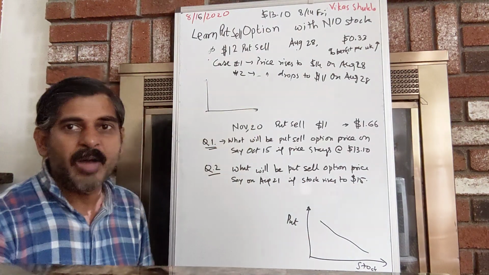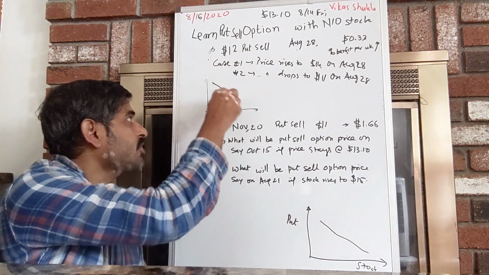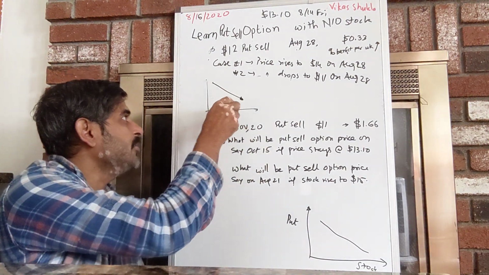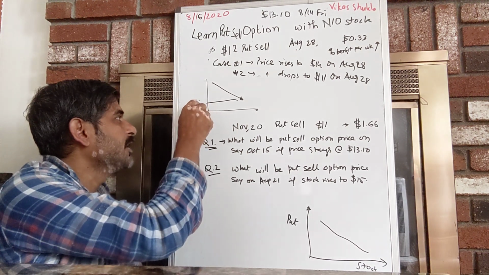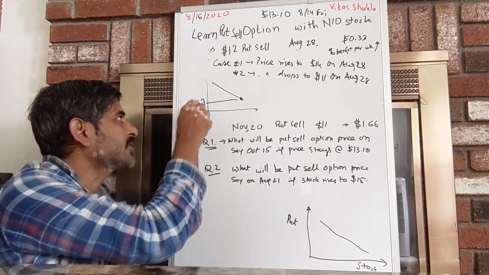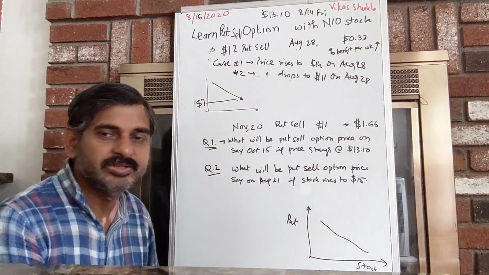So the put buyers feel that the stock would go down to maybe, let's say, $3 or $6. 3 is too low, but it could go down to like $7 or so. That is a possibility, because we feel that the stock is overpriced.